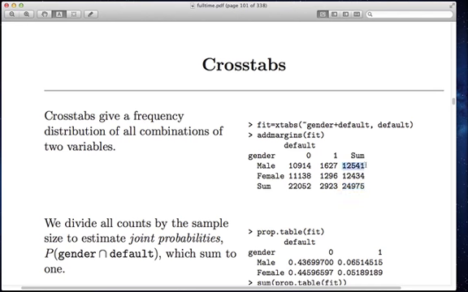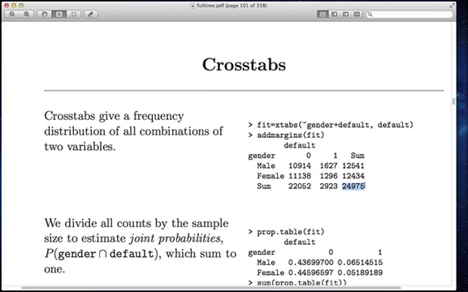There's 12,554 males, 12,434 females. These two add up to the total. Likewise, there's 2,923 defaulters, 22,000 and some non-defaulters, and these two add up to the total. So that gives the marginal distributions.